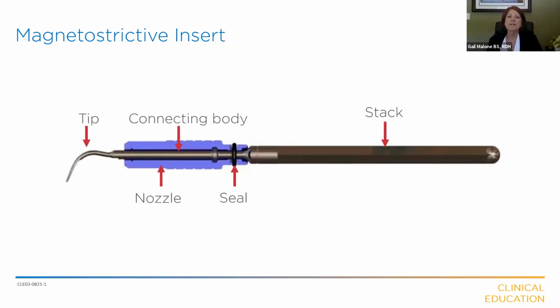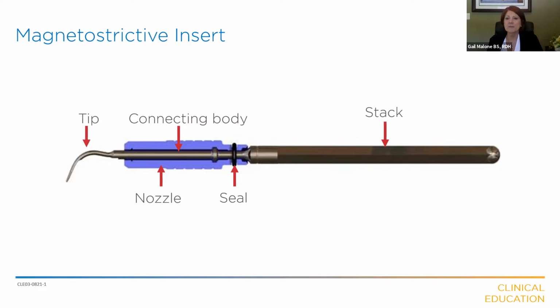To better understand how magnetostrictive technology works, it's helpful to understand the anatomy of a magnetostrictive insert. With an ultrasonic insert, there are several components that make the actual complete insert. We have a stack at the back, and that's made up of the thin strips of permanickel that we talked about previously. And we excite those stacks with a magnetic field.